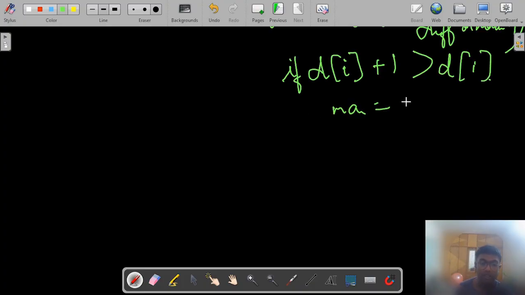So we update the previous index with the j value here. And yeah, let's go to our Leetcode editor and try solving this problem.